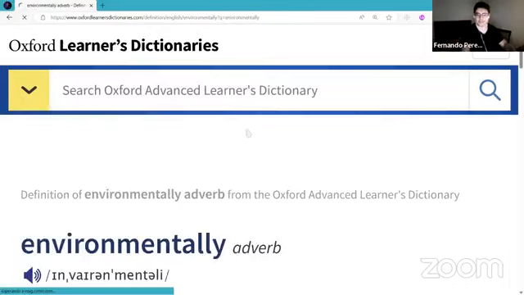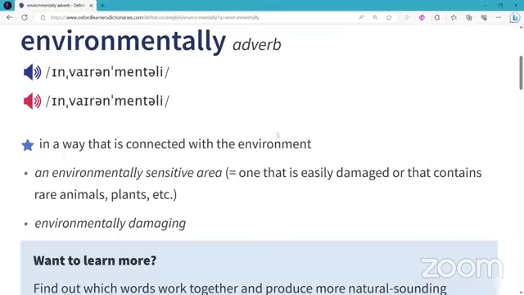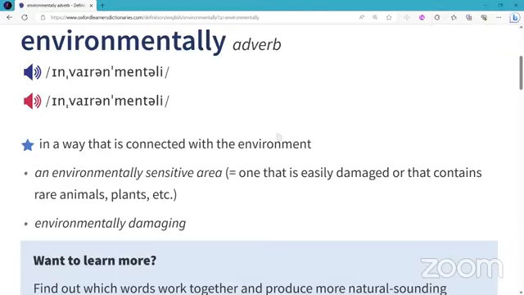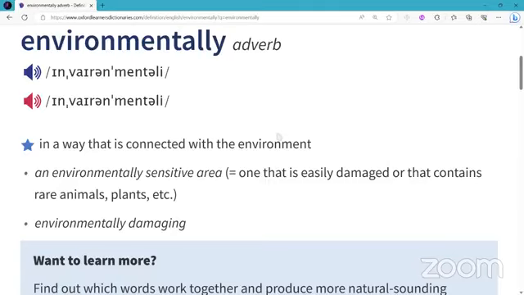Jimena, you haven't given us an example. Your turn. With environmentally, excellent pronunciation. Give me the definition and examples. The definition of environmentally is in a way that is connected with the environment.